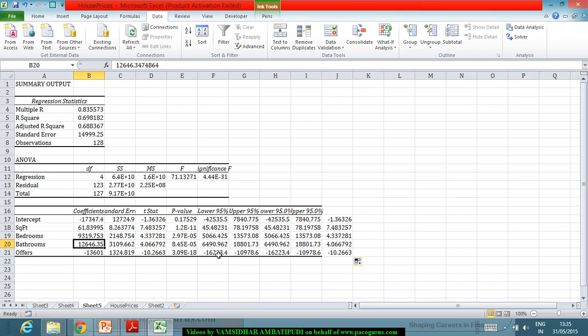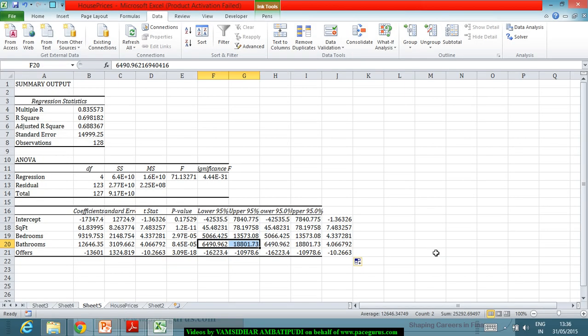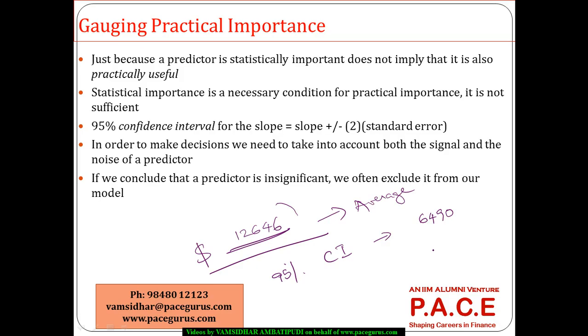Now this is what we could see, the lower 95% and upper 95%, which means this value could lie anywhere between 6,490 to 18,801, which is coming out as the value plus or minus 2 times the standard error.